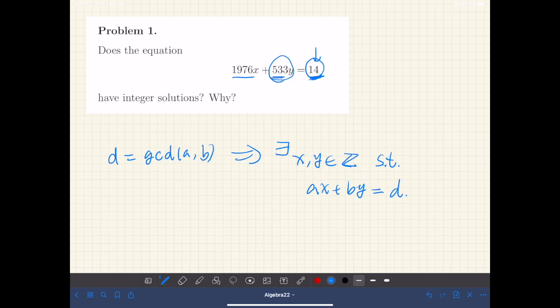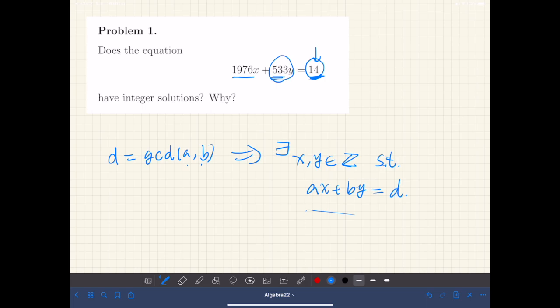And of course, logically speaking, if D is not the greatest common divisor of A and B, it does not necessarily indicate that there exist no integers x and y such that this holds. So we cannot say this.